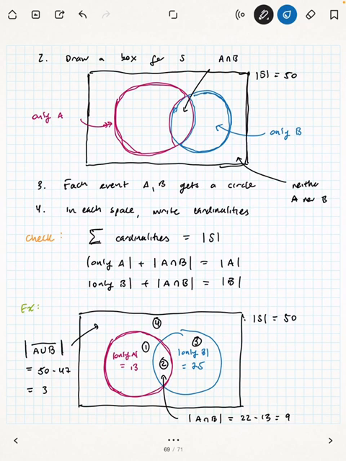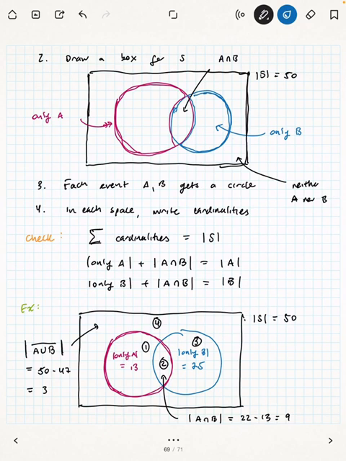We have the only A section, which is this crescent shape part. A intersect B is the overlap. Only B is this blue crescent here. We also have the interestingly important part, which is neither A nor B, and that's everything that's outside of the two circles. And we know that our sample size, or the size of S, is 50.